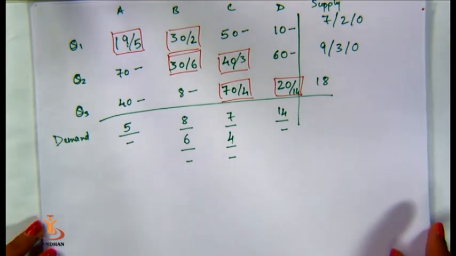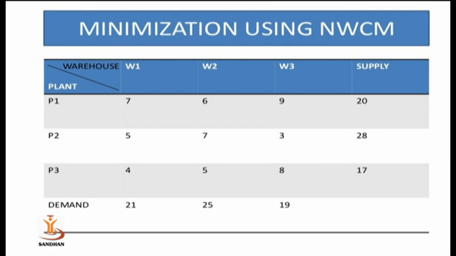We have another example here. We have different warehouses: warehouse 1, warehouse 2 and warehouse 3. And we have different plants: plant 1, plant 2 and plant 3. The different costs associated with different warehouses and plants are given to be 769, 573 and 458.